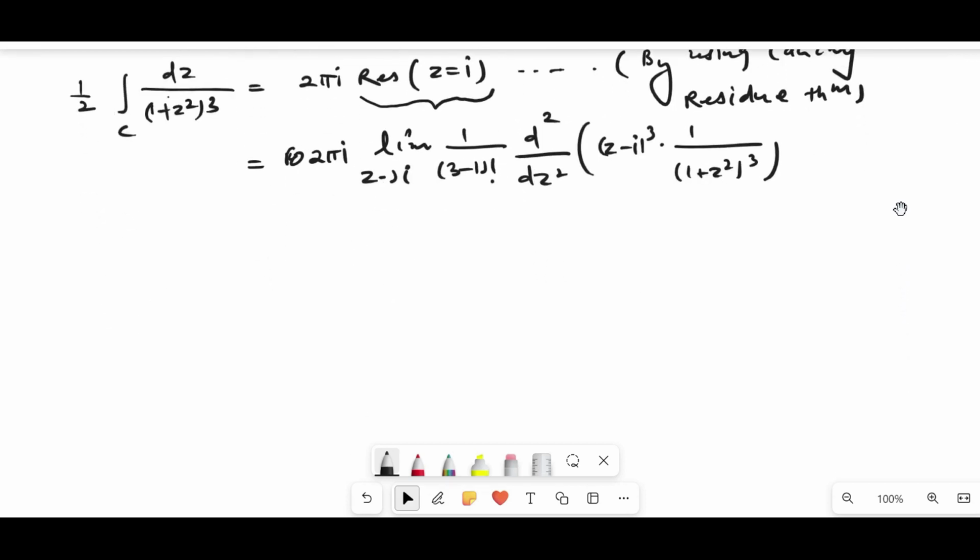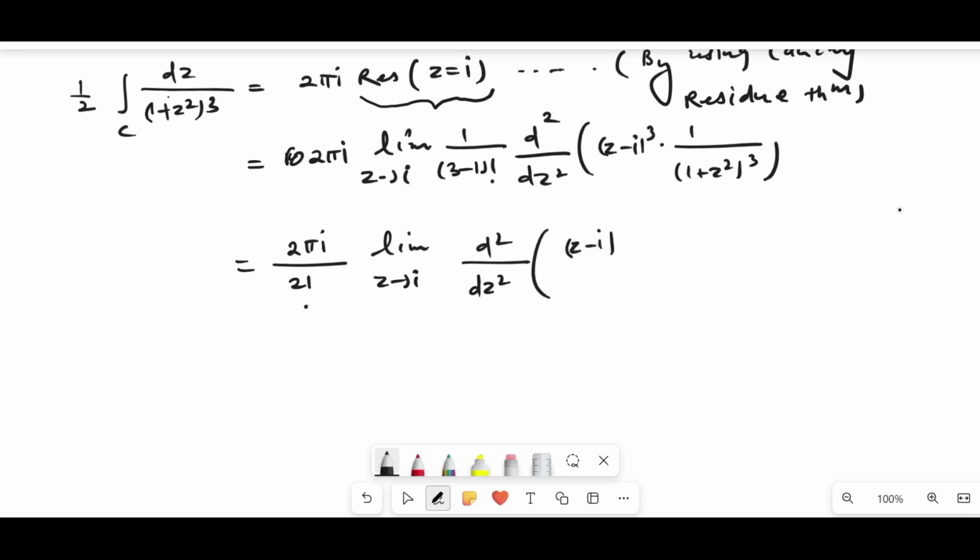So now further simplifying, this value is equal to 2 pi i upon 2 factorial, limit z tending to i of d2 over dz square of (z negative i) to the whole power 3 multiplied by 1 upon (z plus i) to the whole power 3 (z negative i) to the whole power 3. You can see this factor gets cancelled out.